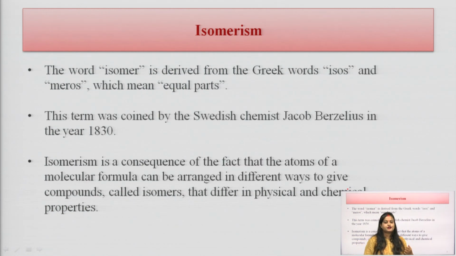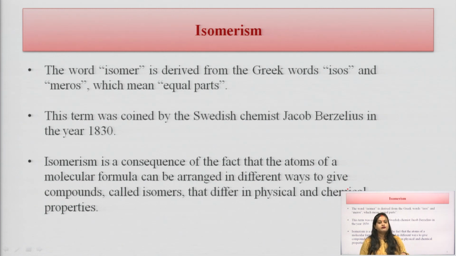Now, the word isomer is derived from the Greek words isos and meros, which mean equal parts. जो isomer है ये Greek word से derived हुआ है जिसमें आइसो और मिरोस दो पार्ट होते हैं और इनका मीनिंग होता है इक्वल पार्ट्स.